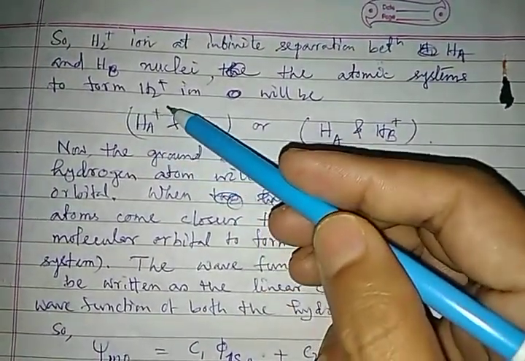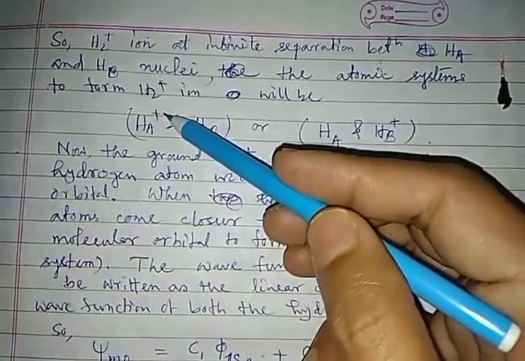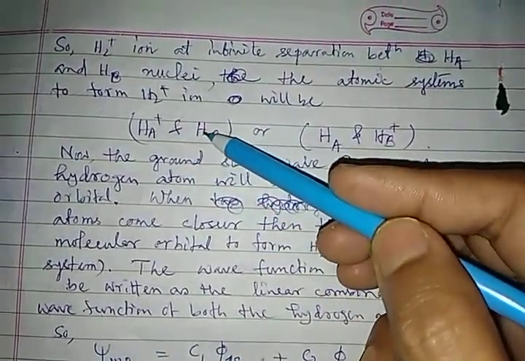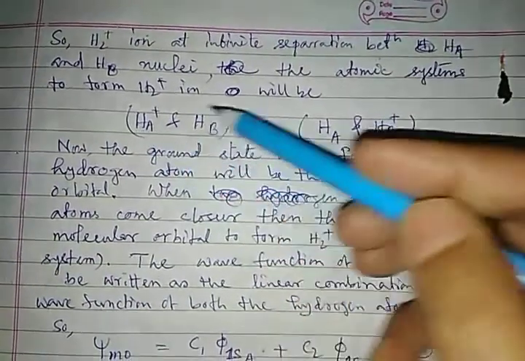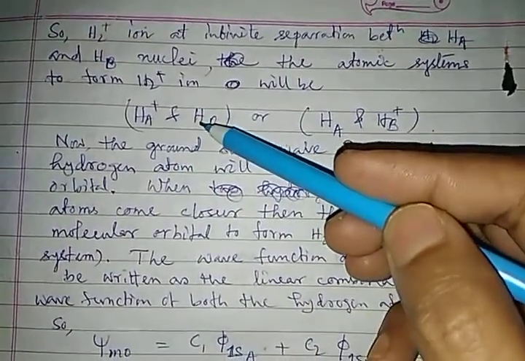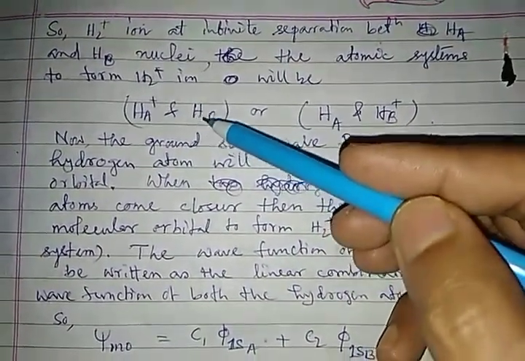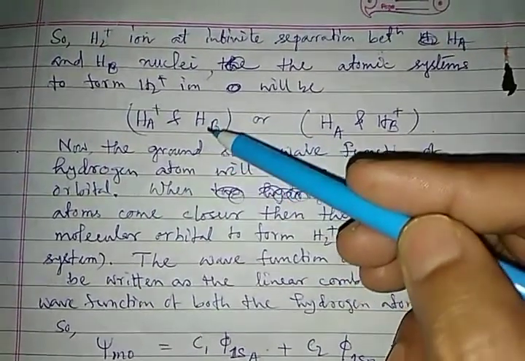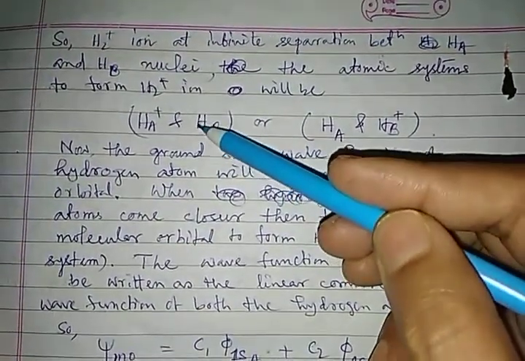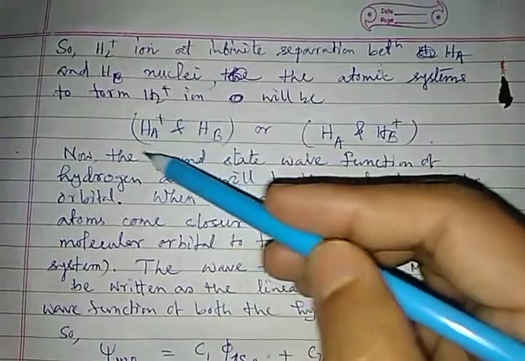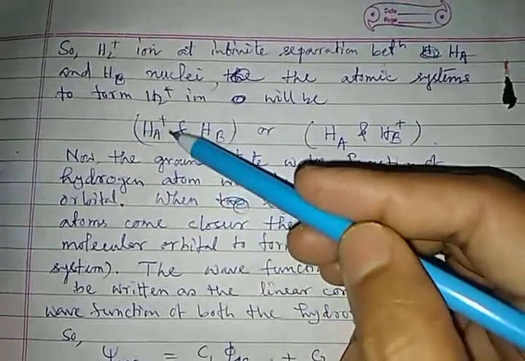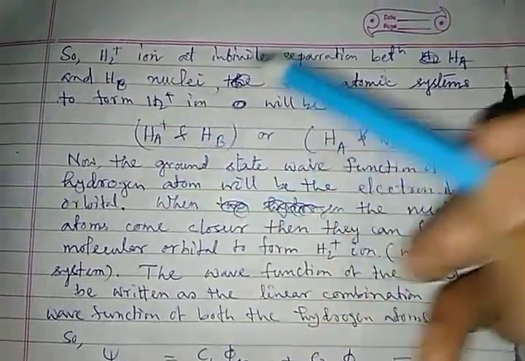When these atoms are present at infinite distance, the electron density of these two systems will be represented by their ground electronic configuration.